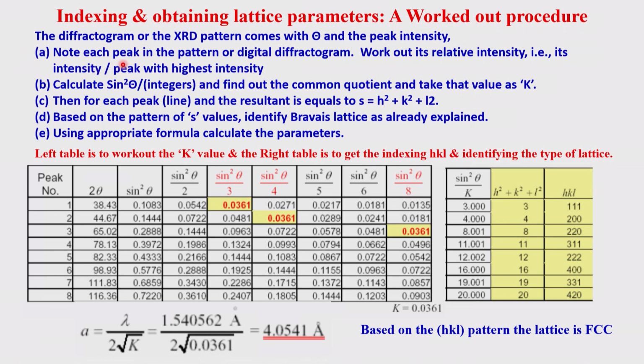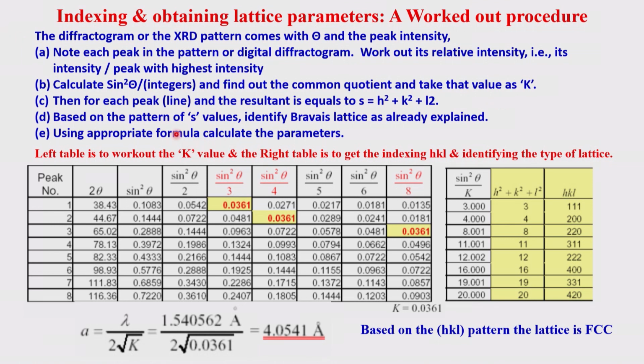You have the peak intensity, and you can divide with this and get the relative ratios of the intensities. You also have the sine square theta, and you need to divide by integers, find a common quotient and take the value k from that common quotient. That is the main part of this procedure as compared to the previous procedure.